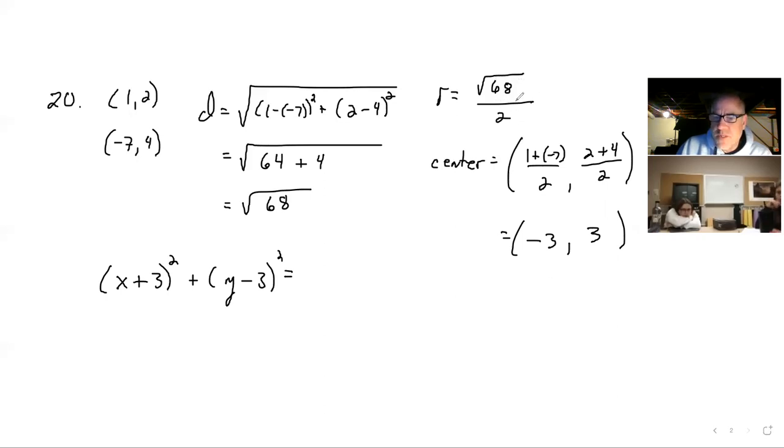If I square top and bottom, squaring the top would give me 68, and squaring the bottom would give me 4. So that would reduce to 17. So 4 will go into 68 17 times, and there's your answer.